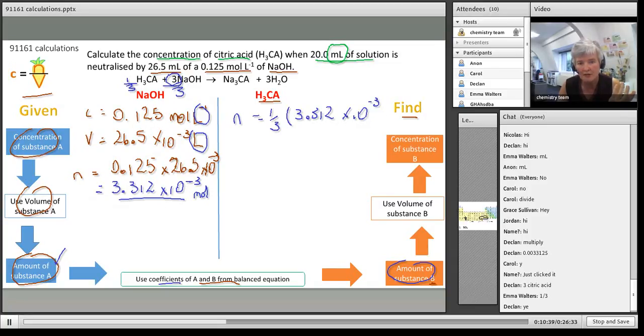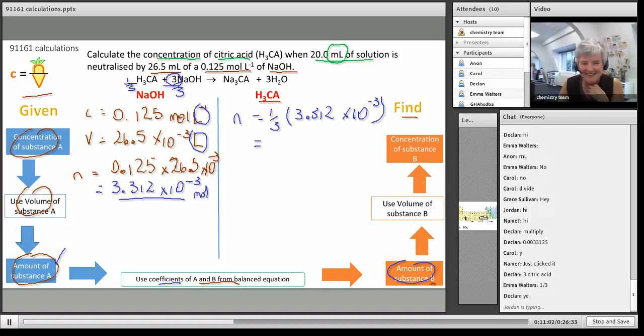I hope you can read my writing because it's not very easy. Okay, so I'm going to just get my calculator and divide by 3. That's the easiest way of doing it. And do you get 1.1041666 recurring times 10 to the minus 3?